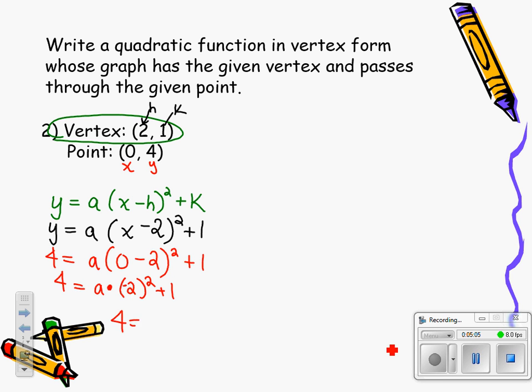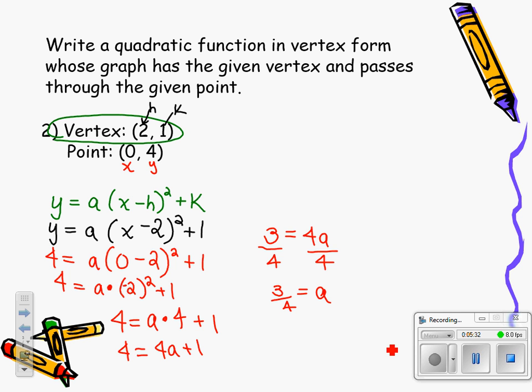So I got 4 equals a times 4 plus 1. I don't like the way that looks, so I'm going to write 4 equals 4a plus 1. Subtract 1 from both sides, and I get 3 equals 4a. Divide by 4, and my a is going to be 3/4.